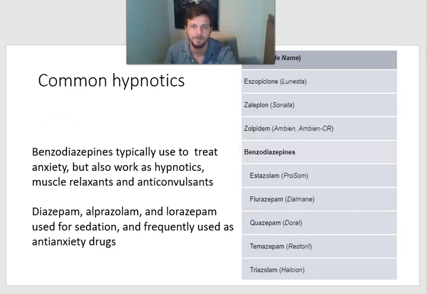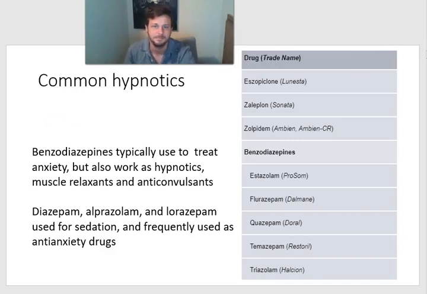Okay, so some of our common hypnotics: benzodiazepines, typically used to treat anxieties, but also work as hypnotics. When we get into our anti-anxiety drugs, the benzodiazepines will pick up. We've also covered some when we talked about muscle relaxants. They're also anticonvulsants.